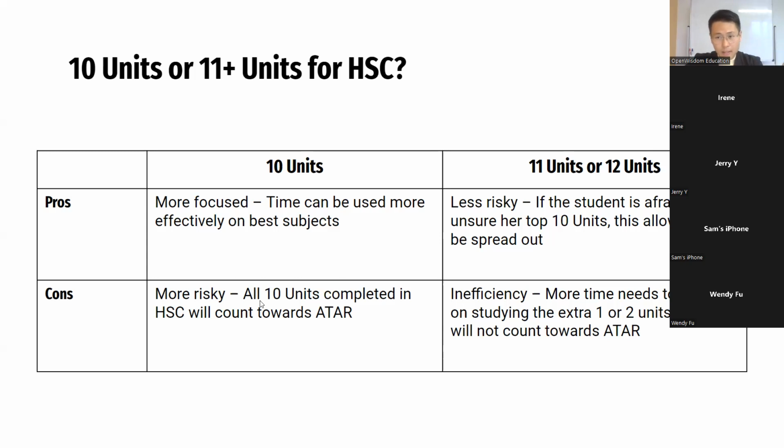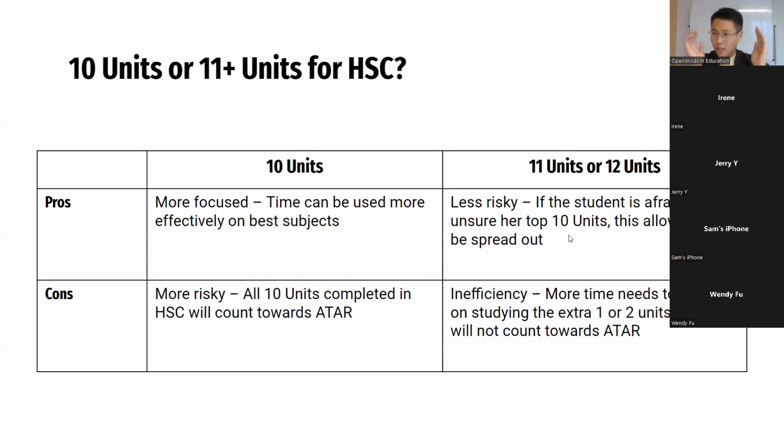But on the downside, if you pick 10 units, it's a bit risky because all 10 units that you picked for year 12 will count towards your ATAR. Alternatively, if you pick 11 or 12 units for HSC, it's less risky, but you have to spend more time on the 2 extra units or 1 extra unit that might not even count towards your HSC.